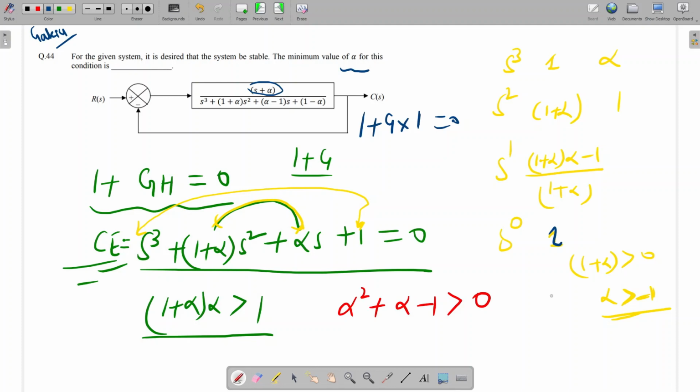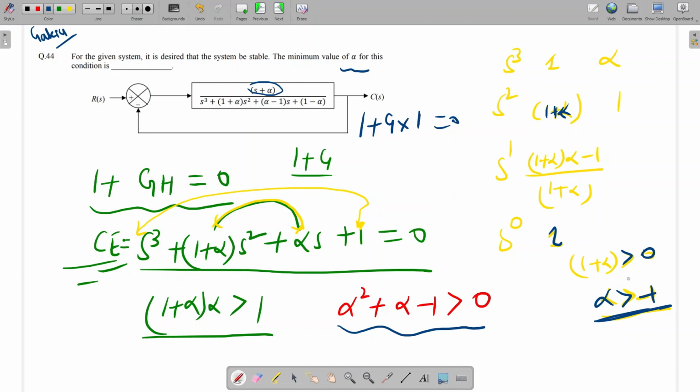Here, 1 plus alpha should be greater than 0, it should be positive. So alpha should be greater than minus 1. So the minimum value of alpha is what it is asking, such that this criterion is followed for stability.